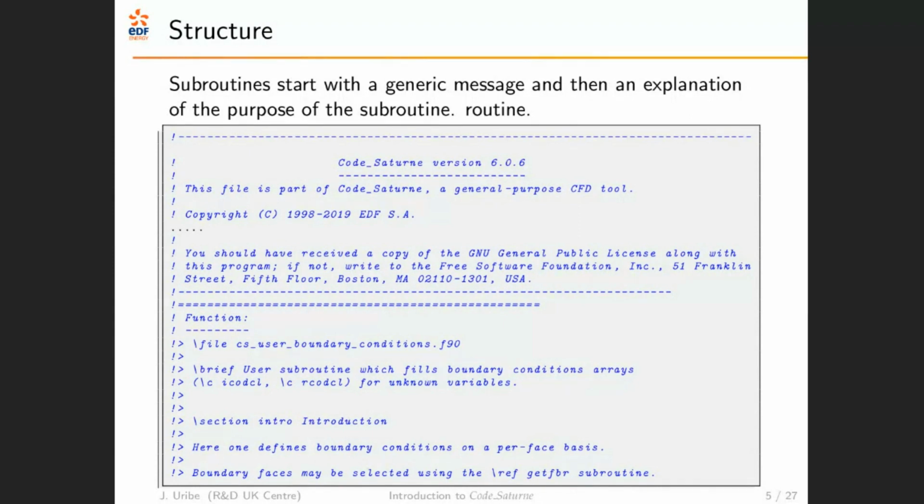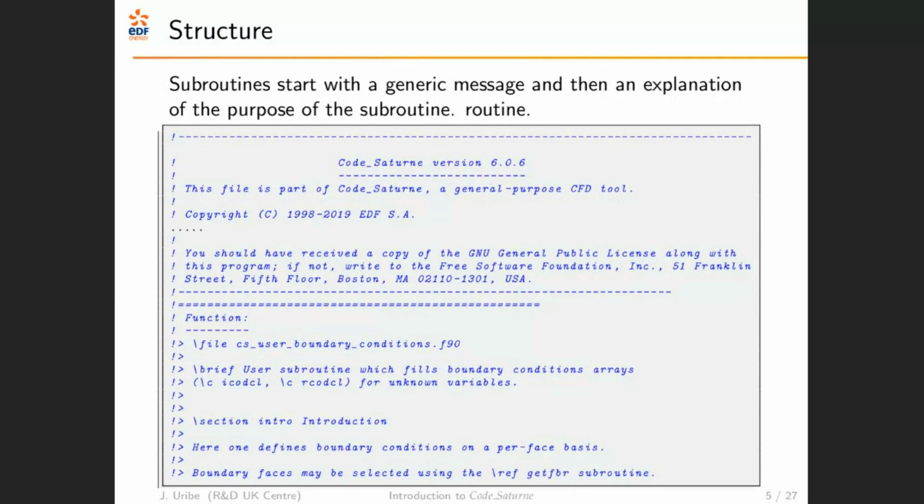You'll see that all of these comments, these things that start with a backslash, are picked up by Doxygen. So there's an automatic Doxygen documentation created for Saturn, and all of this gets picked up by that.